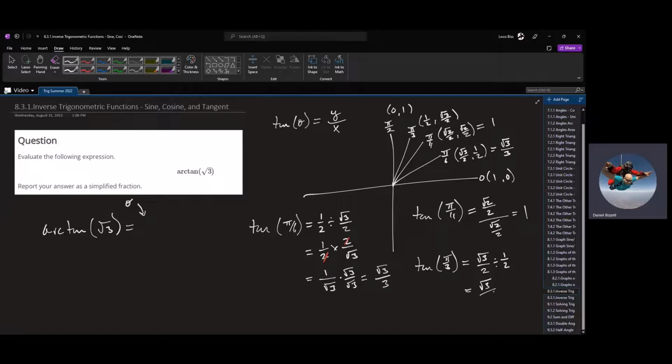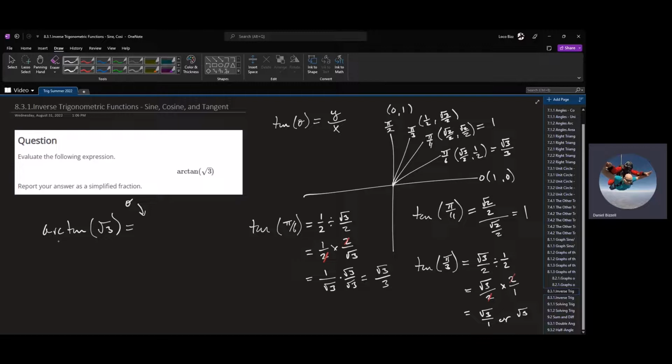So square root of 3 over 2 times 2 over 1. These 2's cancel each other out. And that gives us the square root of 3 over 1, or square root of 3. And that's what we were looking for.